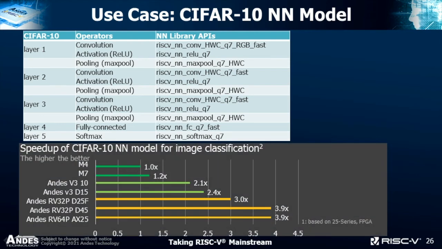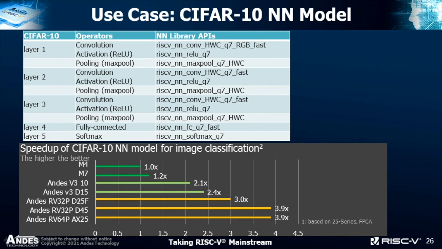Use the M4 as the base. N25F, which is a 5-stage pipeline, 32-bit RISC-V processor, achieves 3 times speedup over M4. And N45, which is an 8-stage pipeline, 32-bit RISC-V processor, achieves around 4 times speedup over M4.